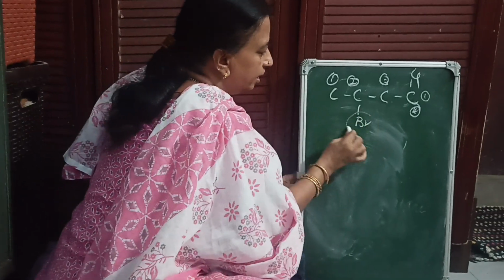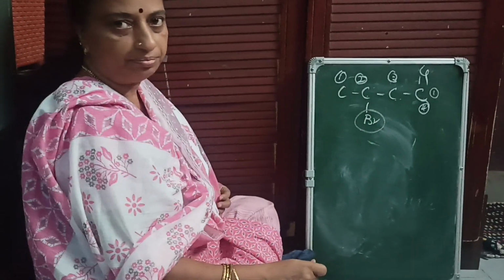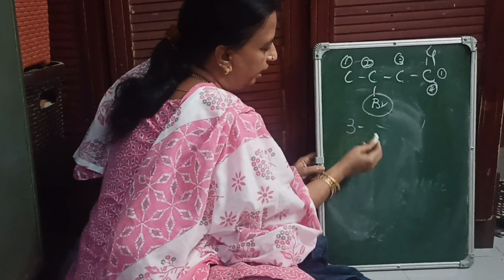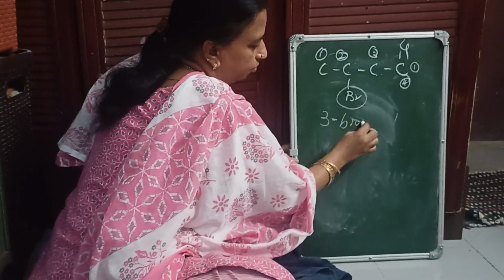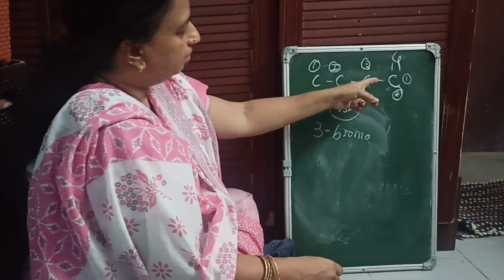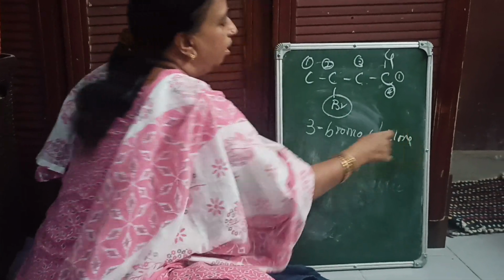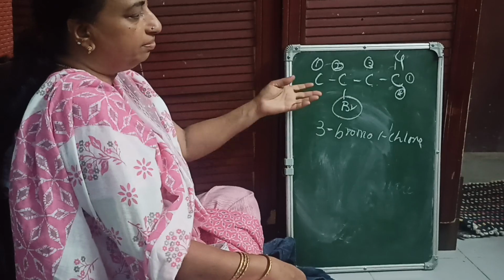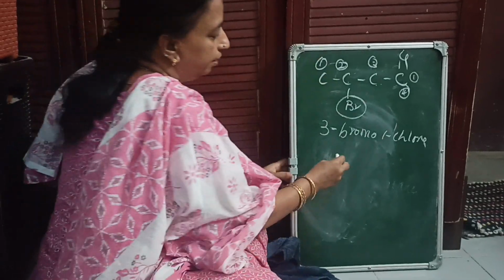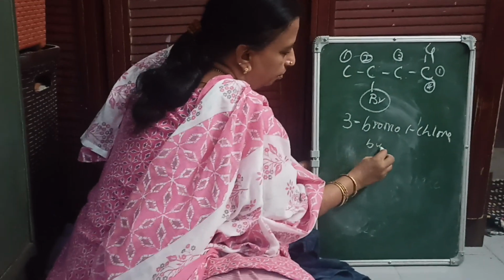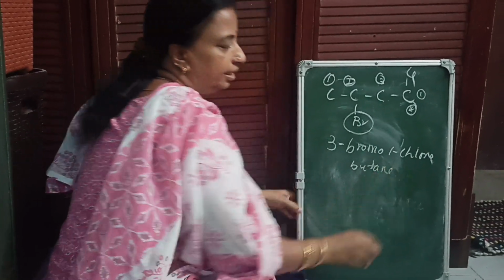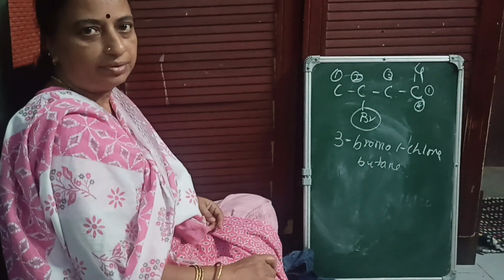But in alphabetical order, bromine will come first. So 3-bromo, comma, 1-chloro, all single bond, so the name is butane: 3-bromo-1-chlorobutane. They have to arrange in alphabetical order, right?